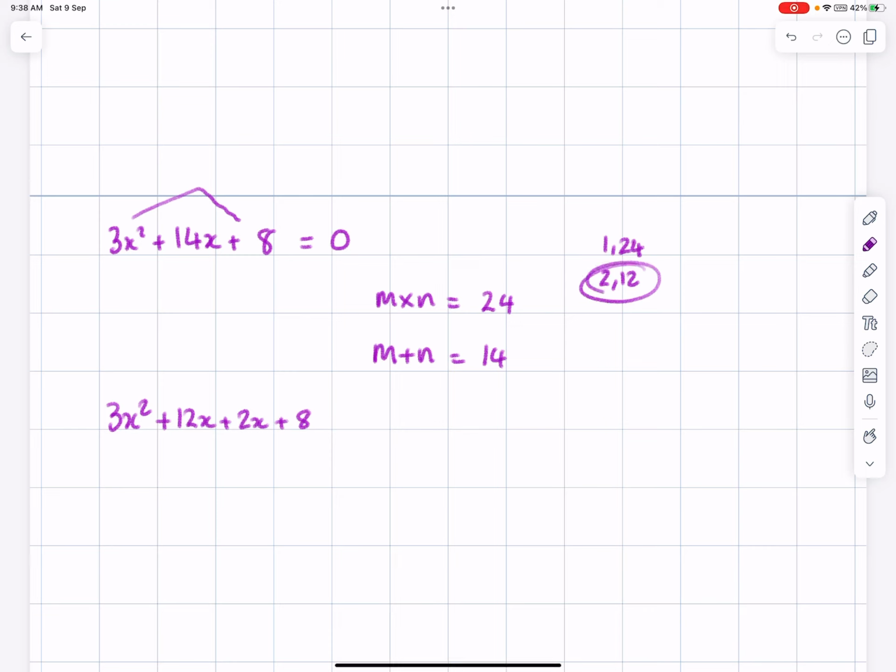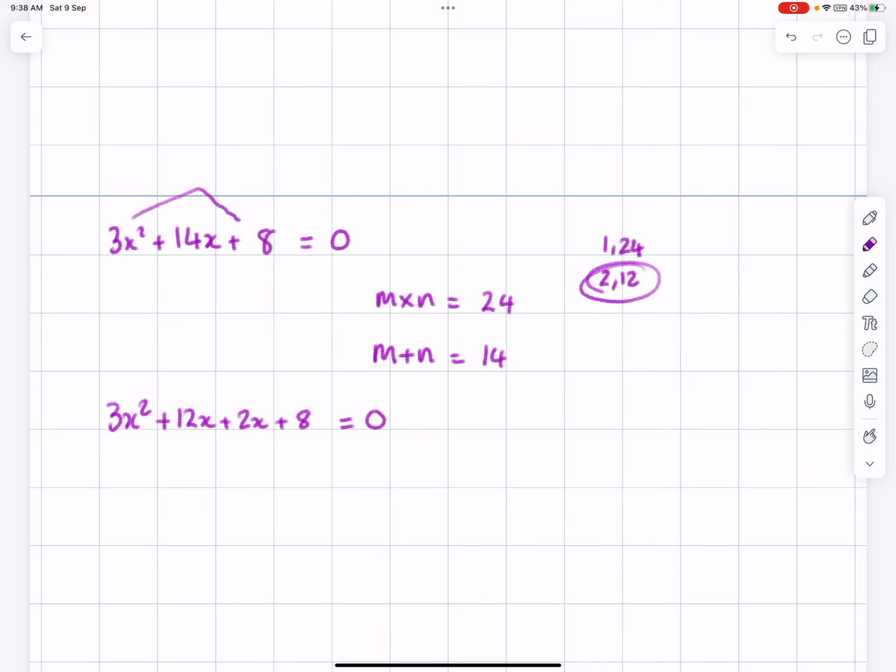The two numbers have taken the place of 14x. Now I could have done 2x plus 12x, or 12x plus 2x. It does not matter. I'll show you that on a later one, but let's just do this one because we're still in the middle of our first example. I'm going to say that equals 0, only because we set the equation up to be quadratic equals 0.